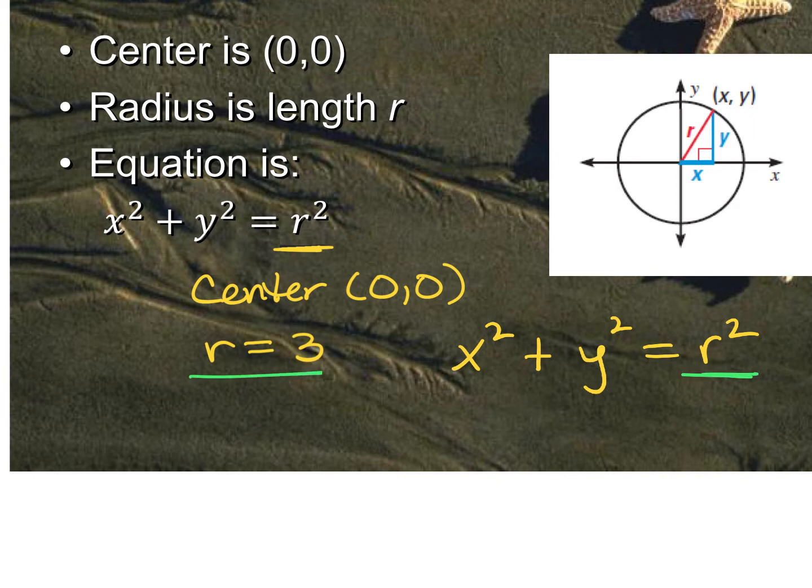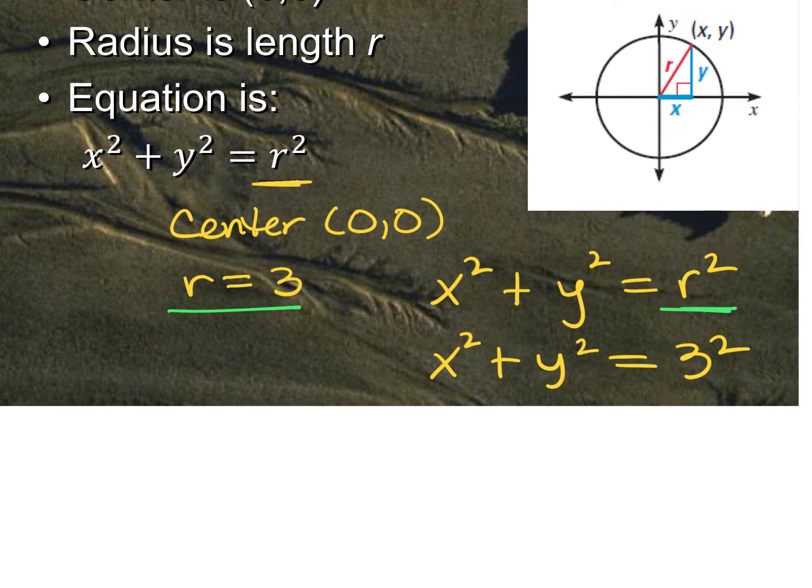Put in the 3 and square it. So it'll become x squared plus y squared equals 3 squared, and then you actually have to do it, and the final answer here would be x squared plus y squared equals 9.